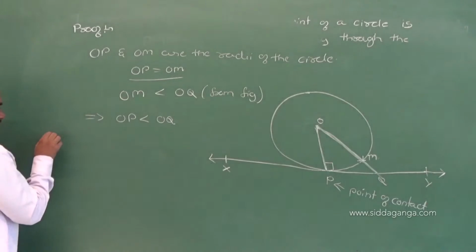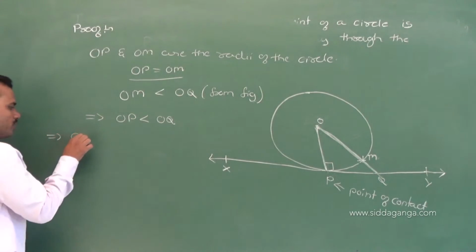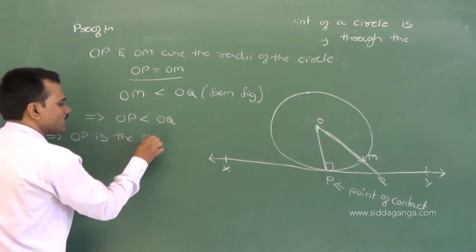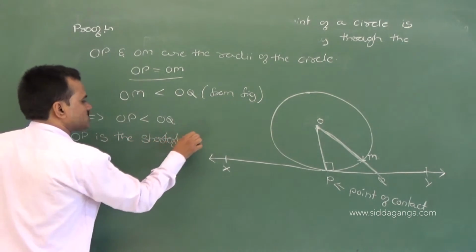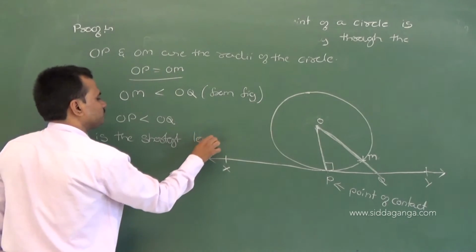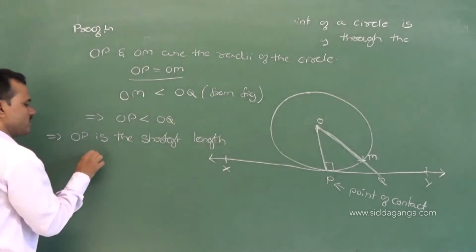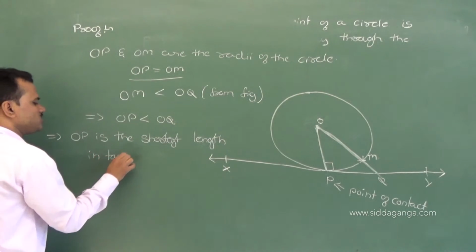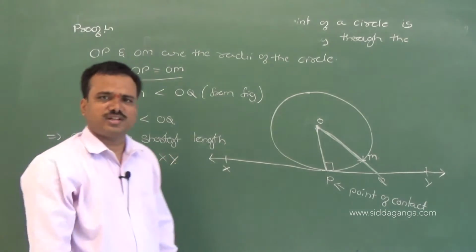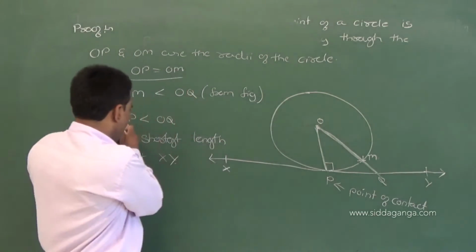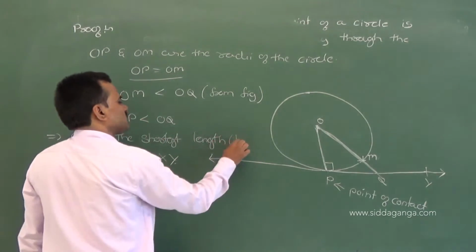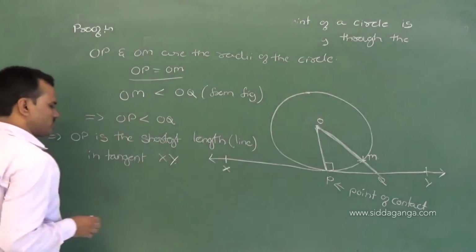That means OP is the shortest length in the tangent XY. Correct? In the tangent XY, OP is the shortest length or line segment, whatever you would say.